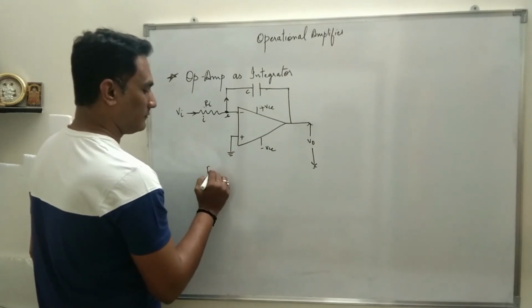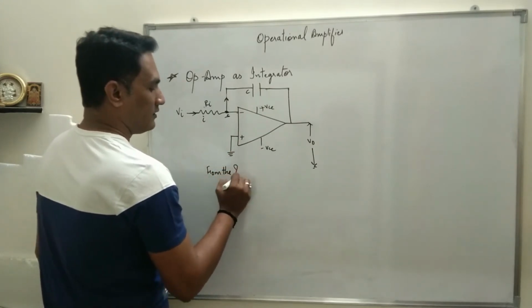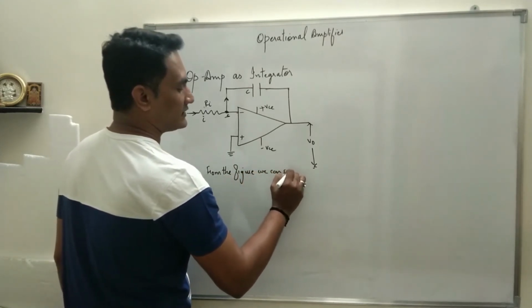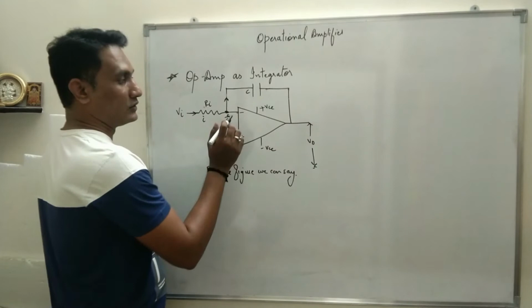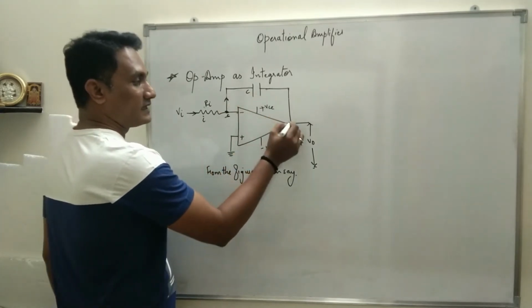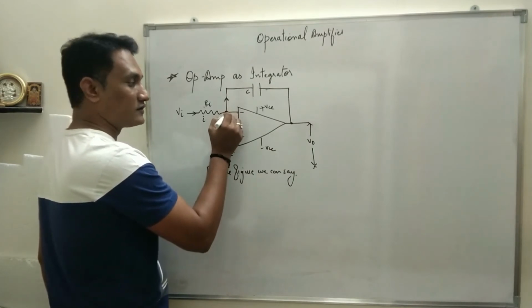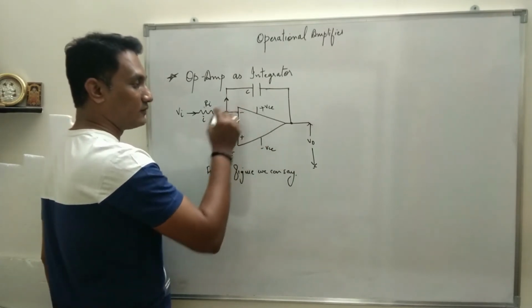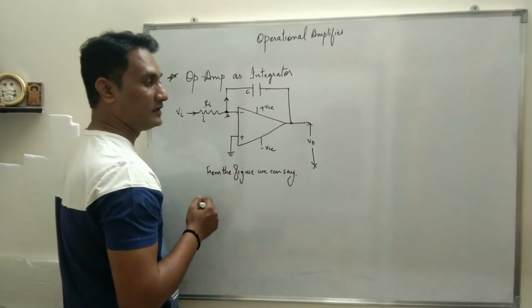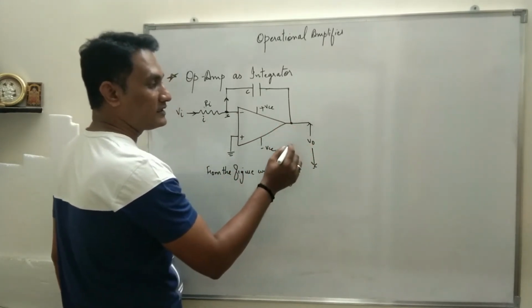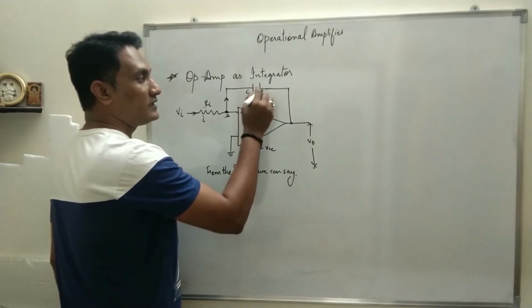So from the figure, I will explain once again. I hope you have understood. See, what I said is the capacitor is connected between this point and the ground, because the summing point is at virtual ground, as we have connected the circuit in inverting mode, and from the same point and ground we are taking the output voltage. So it is as if we are taking the output voltage across the capacitor.